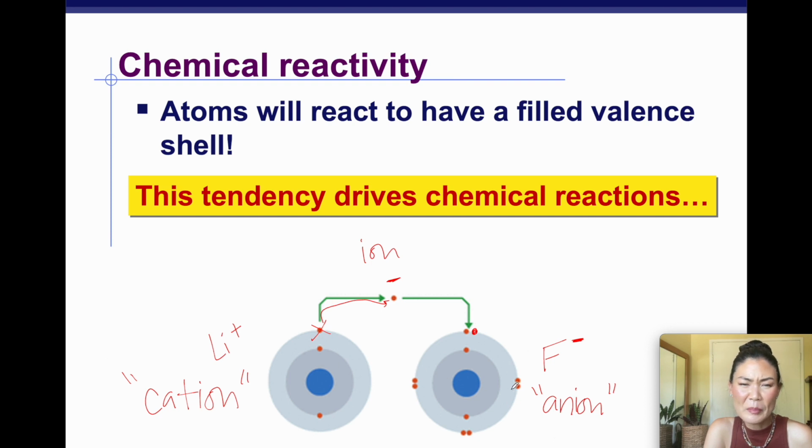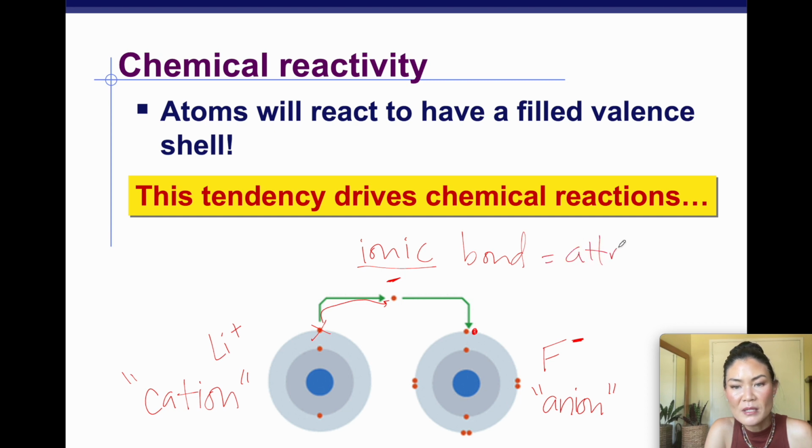So how is this a bond? It's a bond of opposite attraction. Okay, so this is what we call an ionic bond. Later on, we'll be talking about an ionic bond. An ionic bond is a bond of attraction.